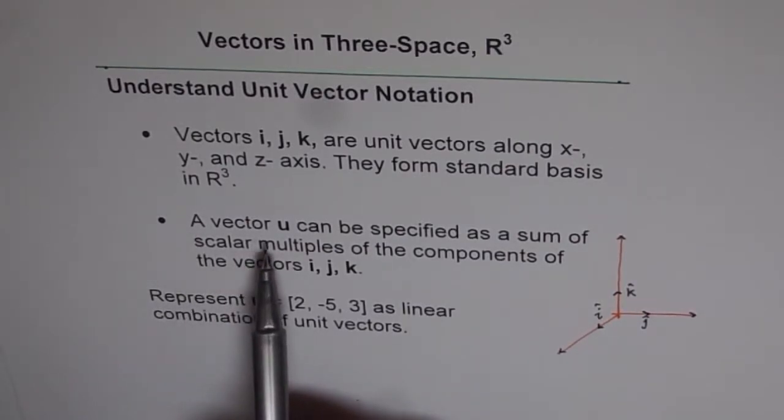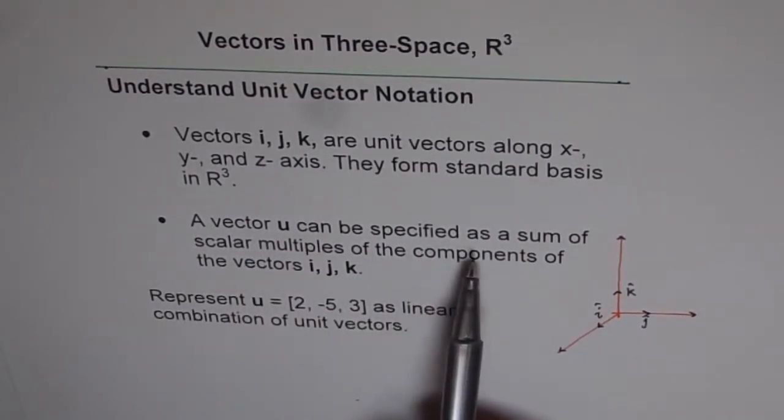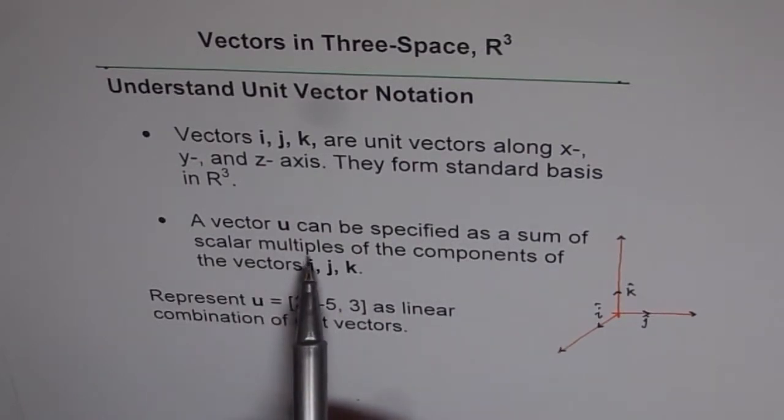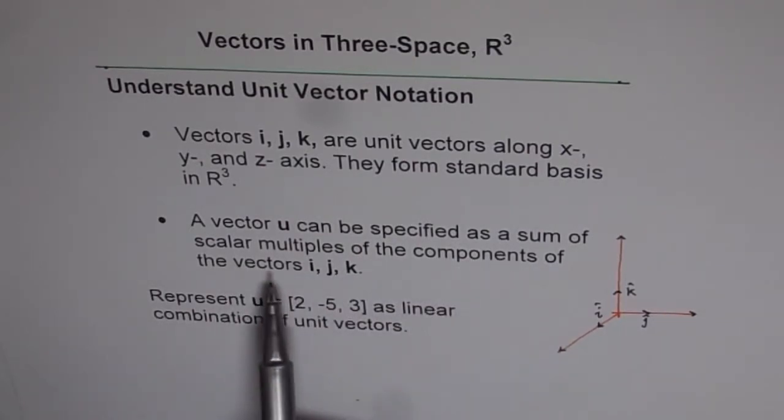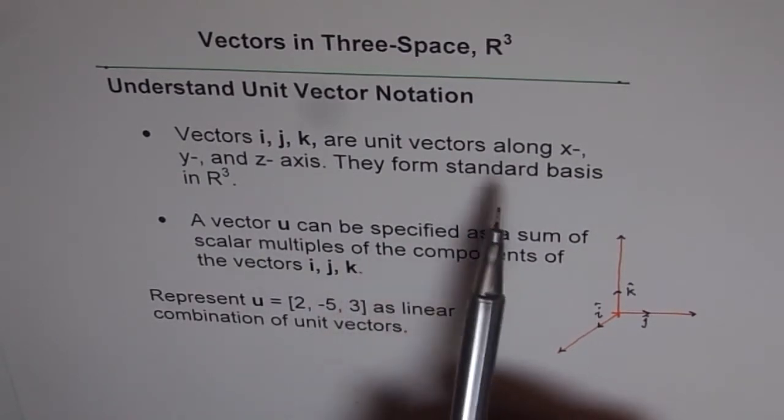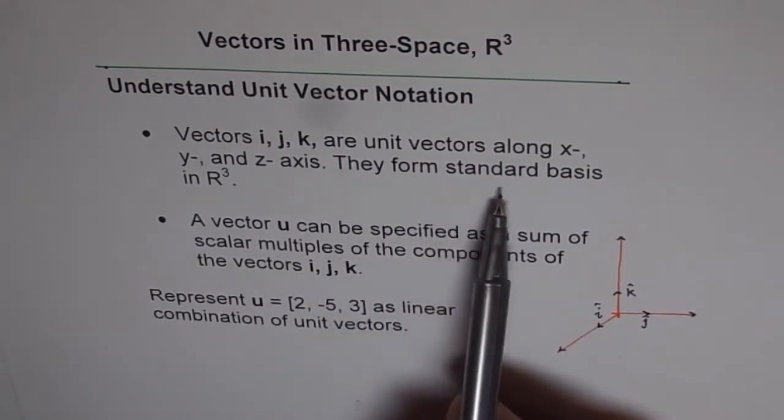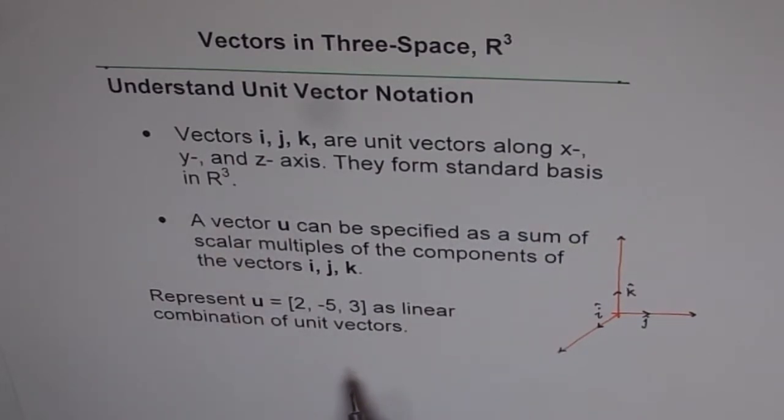A vector u can be specified as a sum of scalar multiples of the components of vectors i, j, k. That is what we mean when we say that they form standard bases in R3. So we'll prove it with the help of an example.